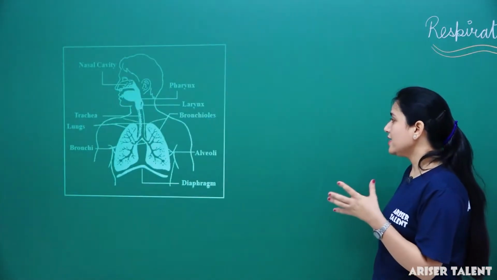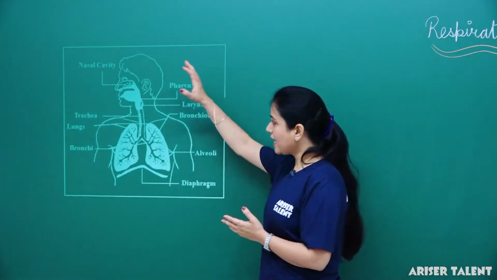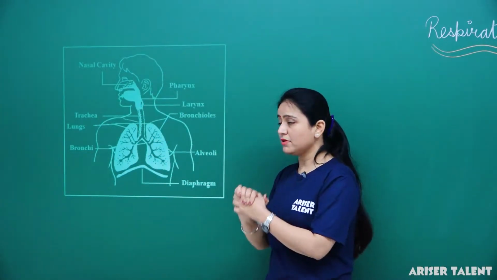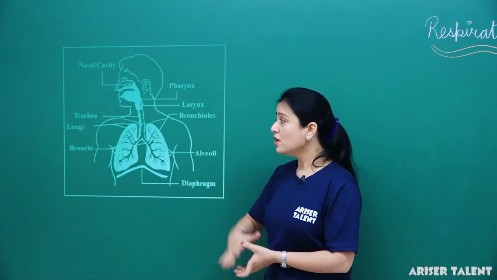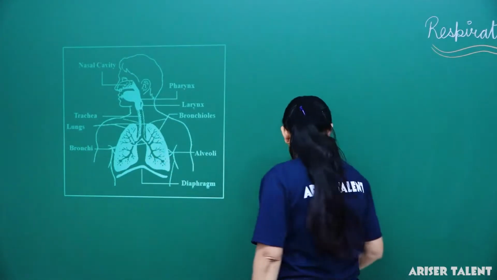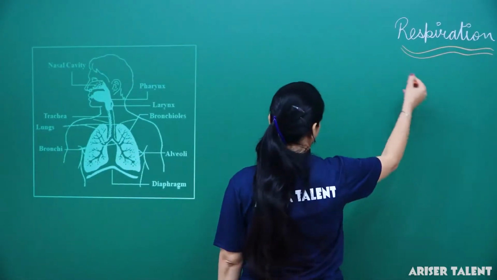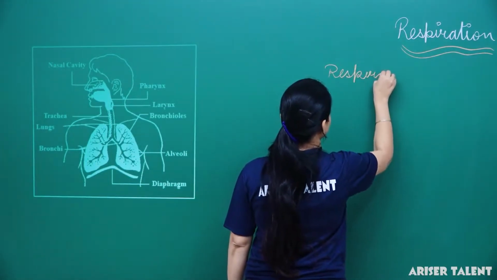Yes, we can see the respiratory system here of the human being. As you can see the structure, this is the respiratory tract of human. This respiratory tract of human is divided into three parts. What are they?